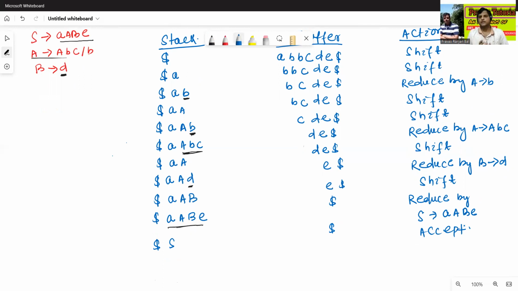Just try to understand the meaning of SR conflict. Here, if I consider the shift action, then it is accept.